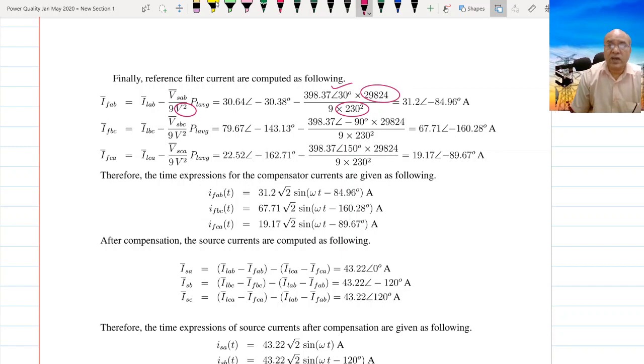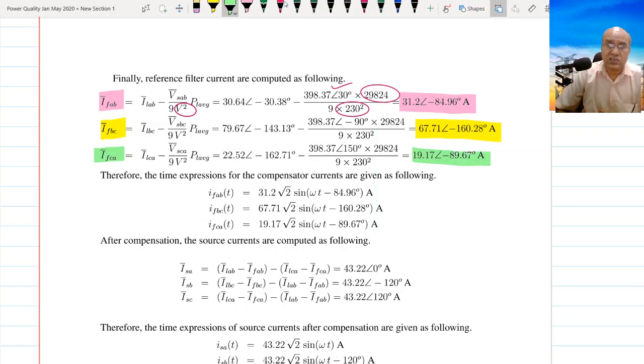So you simplify this, we'll get the value of the current comes out to be 31.2 angle of minus 64. For the second phase, 67.71. This is IFBC. This is IFA, and this is IFCA, which is 19.17 minus 89.67 degree amps.